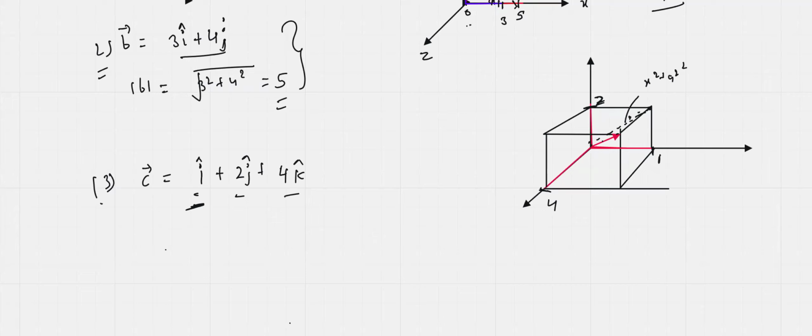Okay, if you look at the projection on this value, maybe this is the projection, so it will become y squared plus z squared, and the projection on this value, basically this is the value. This and this are the same projection on this level. Okay, this is nothing but x squared plus z squared. Clear?